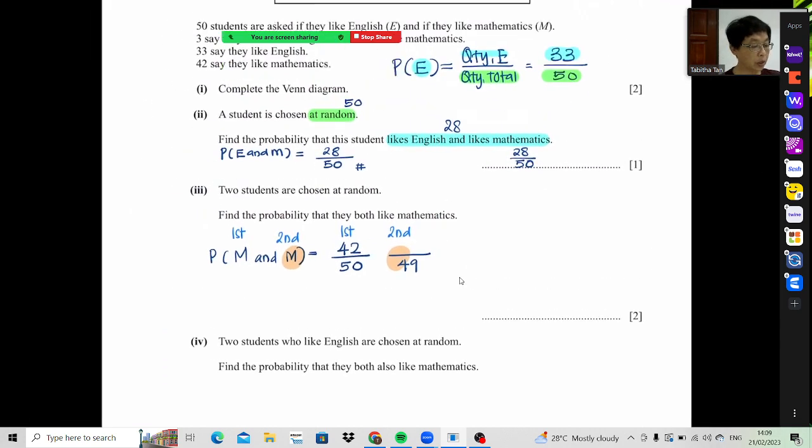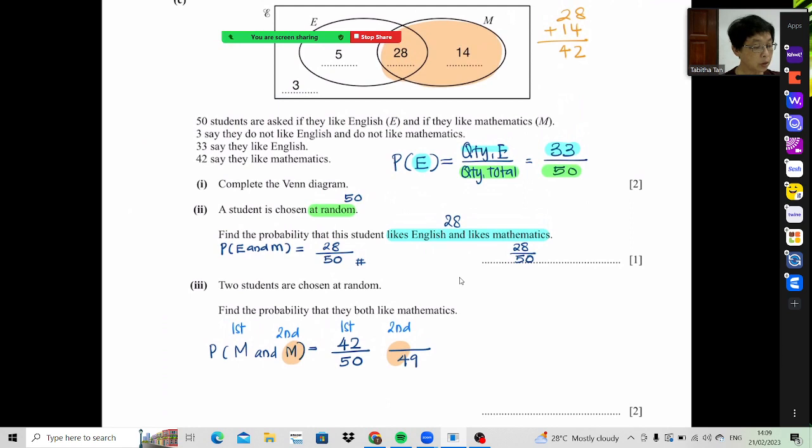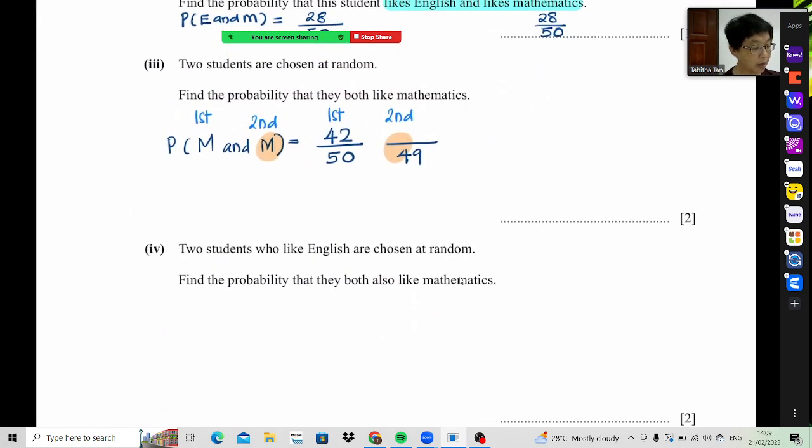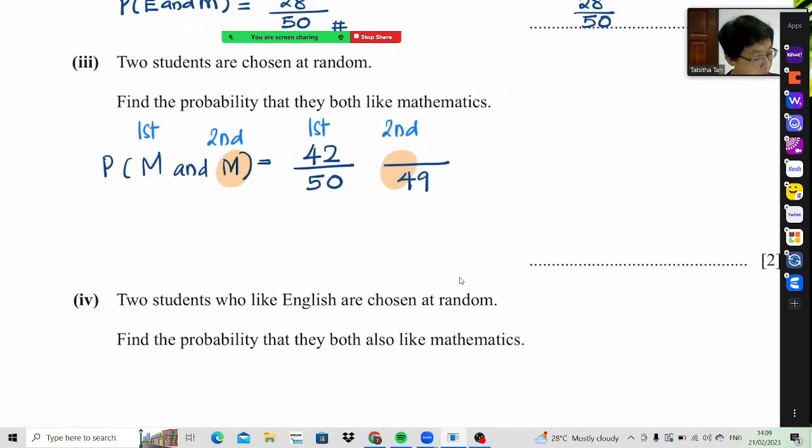After one student out of the 42 was picked and stands here, and he or she doesn't join back, here you're going to minus one student. So now the total students who like mathematics will be 41. Exactly. When you pick the second student, the quantity of mathematics will only have 41 left.